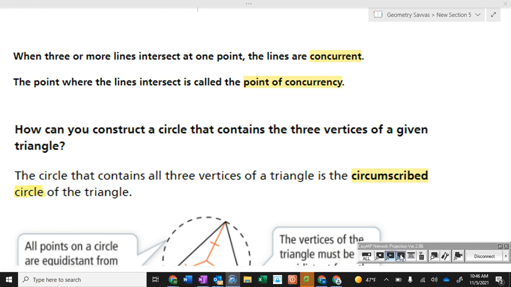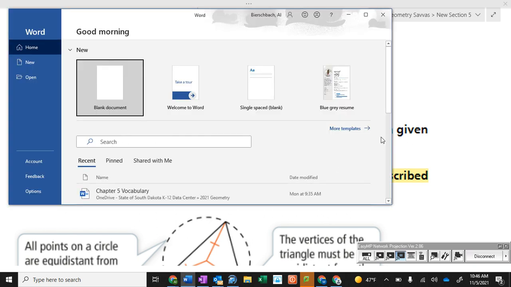Freeze this. Then go to Word. Find my vocab.